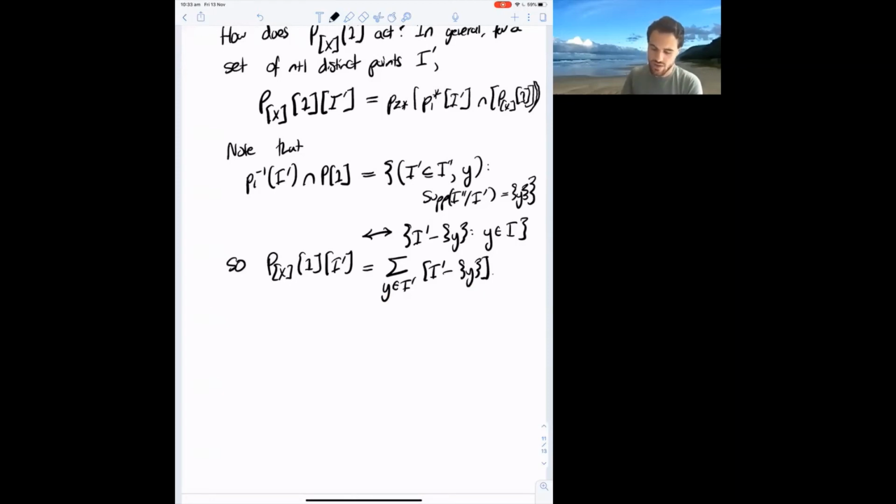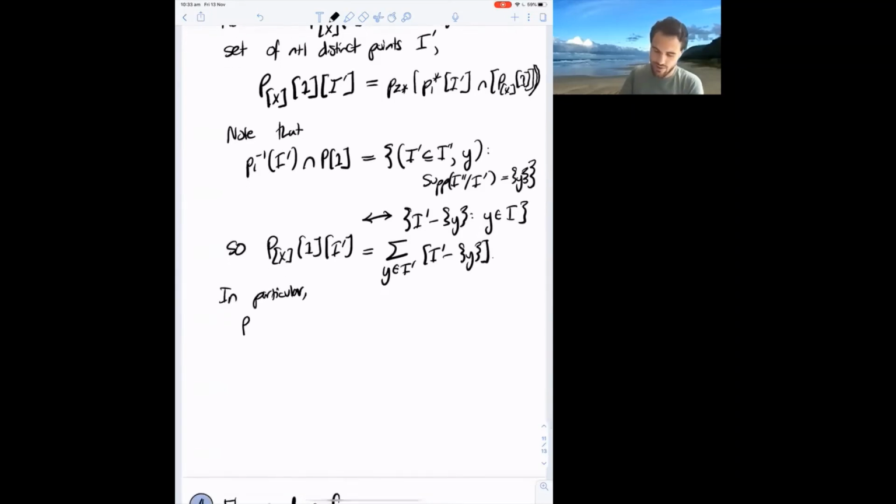Okay, so in particular, if we compose the things that we've calculated, applied to our I, what we're doing is essentially adding a point and then subtracting any point.